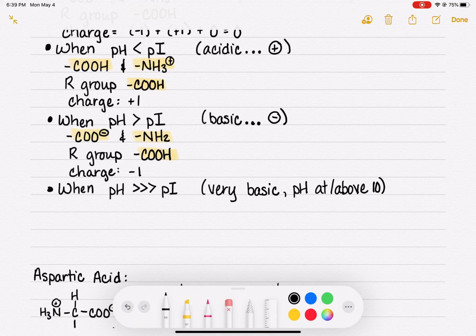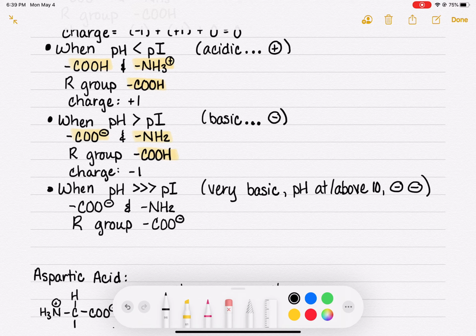And in this situation, we're going to be allowed to have negative charges, lots of negative charges. So we can have COO minus, that's going to be allowed. We cannot have an NH3+, so that guy needs to be NH2. It's so basic that our R group now is allowed to become charged. And so our R group is going to have COO minus.